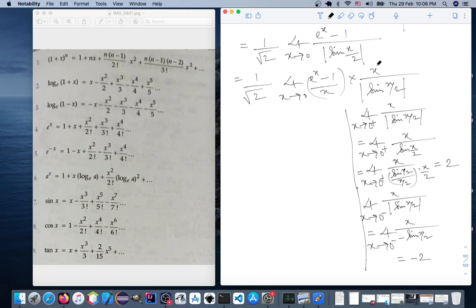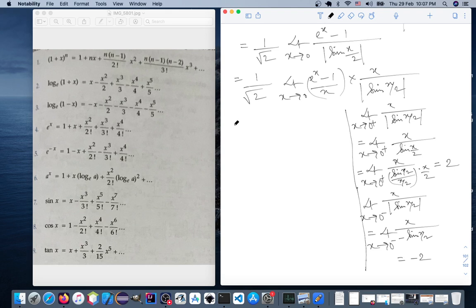So this limit does not exist. Its right hand limit and left hand limit are coming different. This does not exist, but this exists.